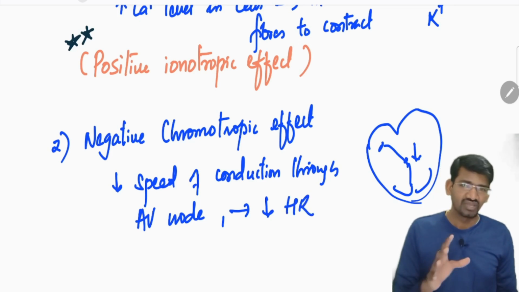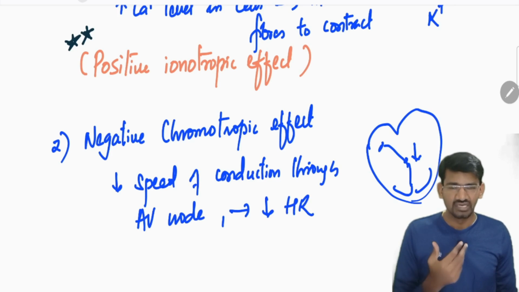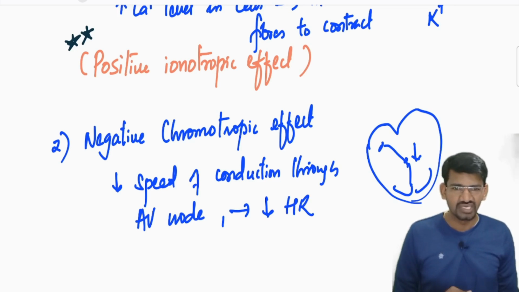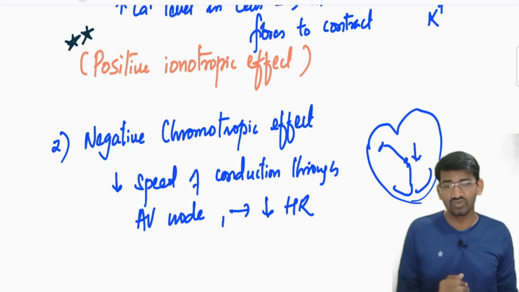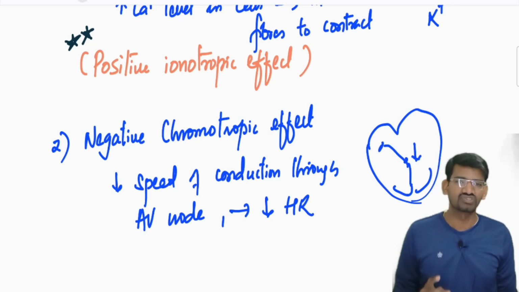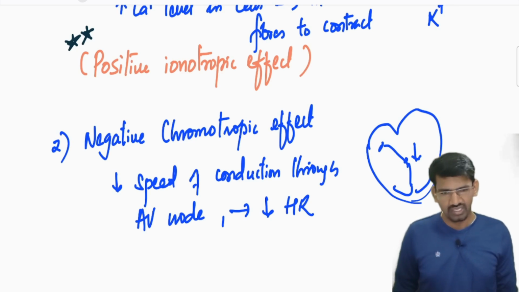That means whenever the patient is being treated with digoxin, the heart rate always comes down. This is also an adverse effect of the drug. It leads to bradycardia in the patient in the case of toxicity or overdosage.